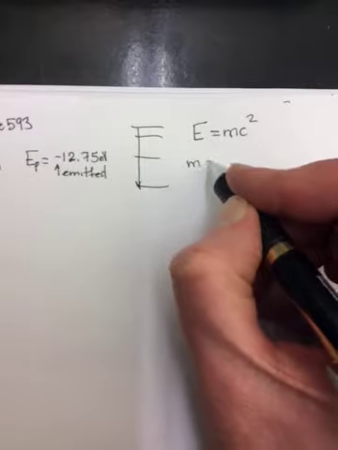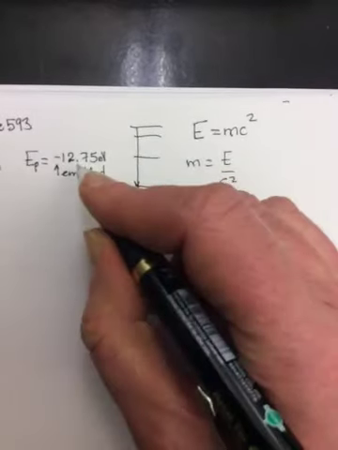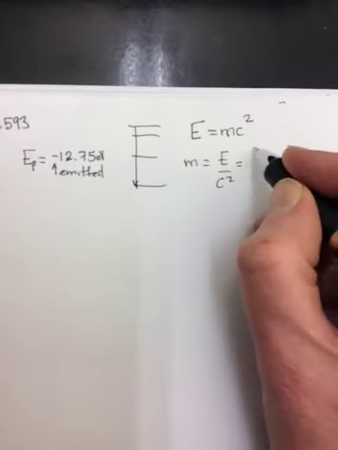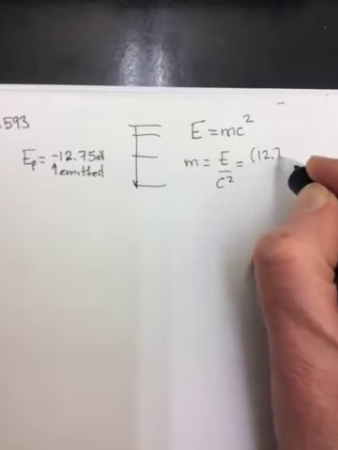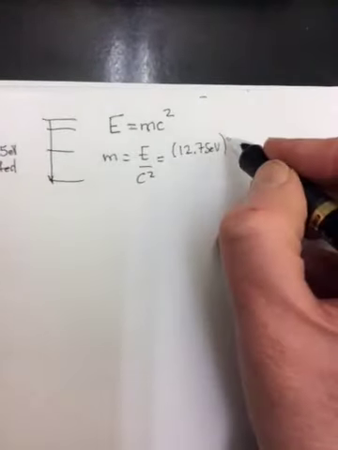So we can solve for the mass that's being lost by just taking the E we found in number 13 and dividing it by the speed of light squared. So 12.75 electron volts, which of course we have to change to joules.